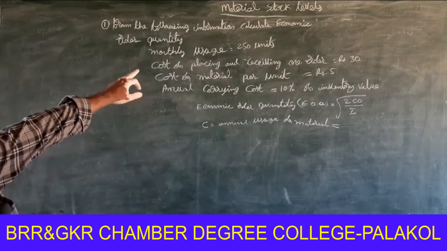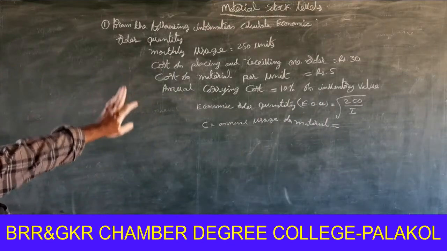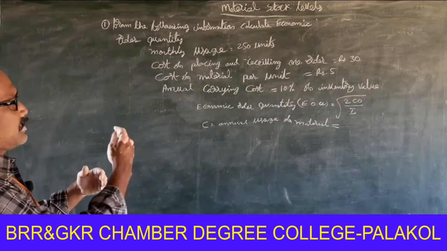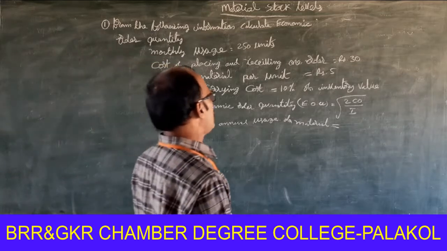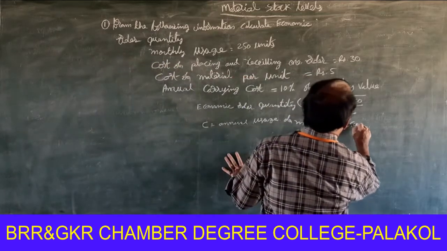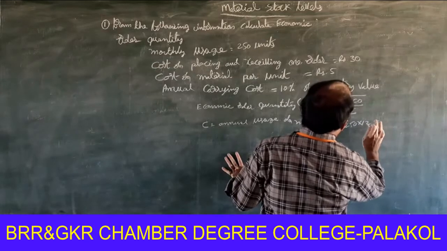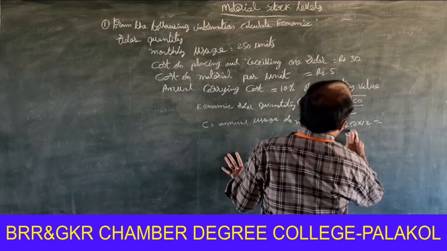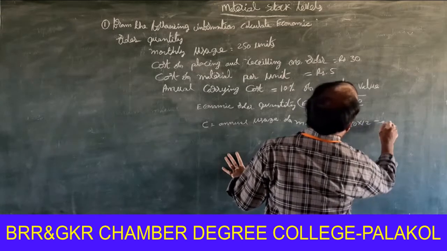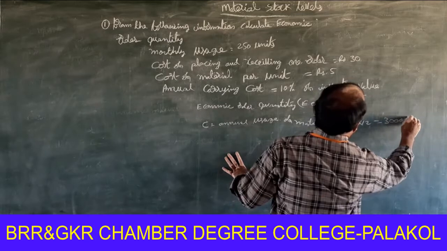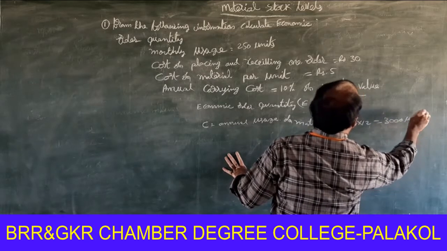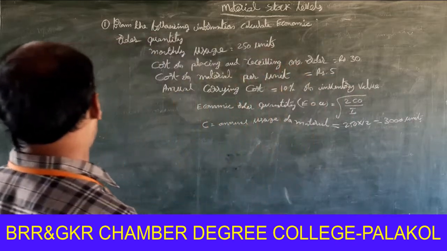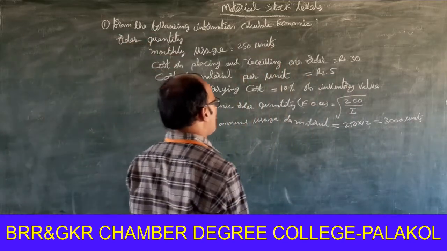The monthly usage is available here, so that is to be converted into annual usage. So 250 into 12 months, that is 3000 units. Next, O is equal to cost of placing an order.